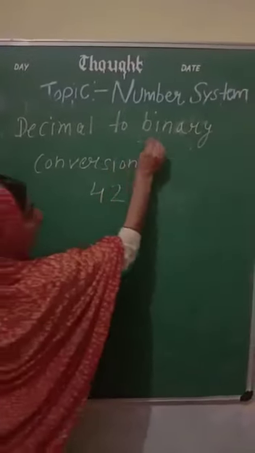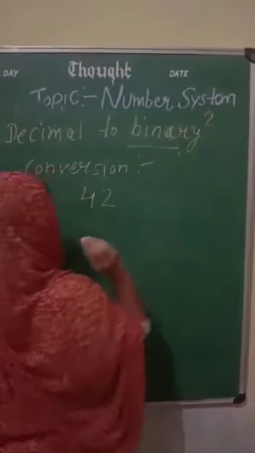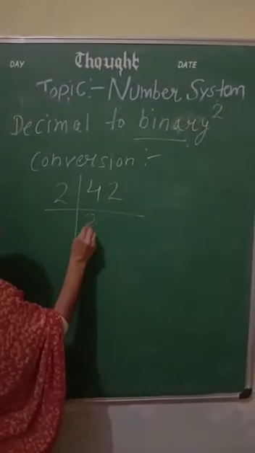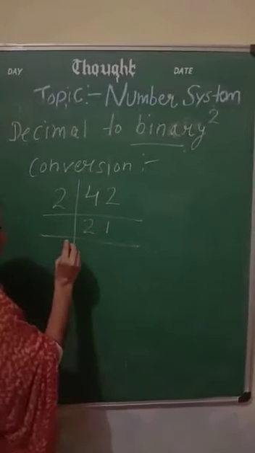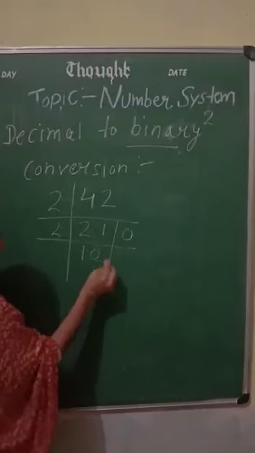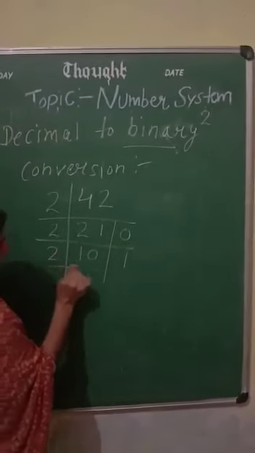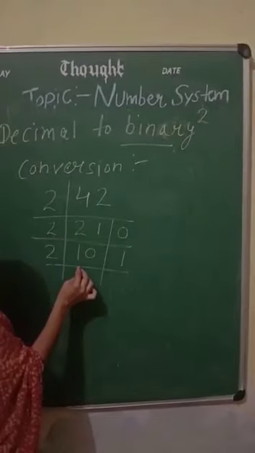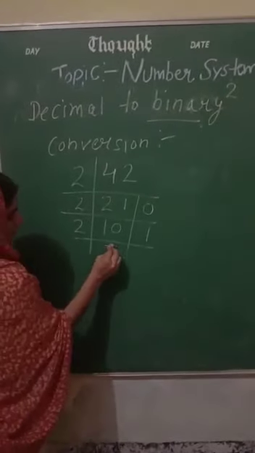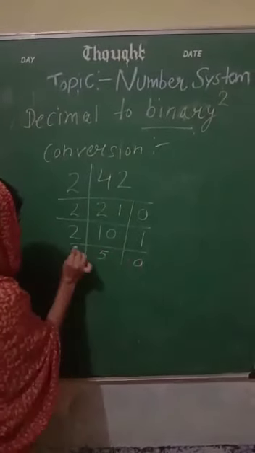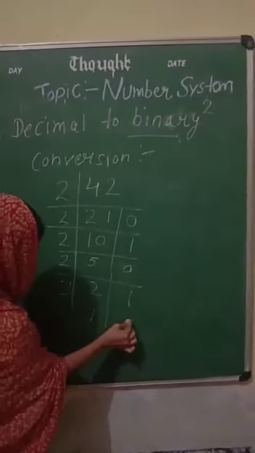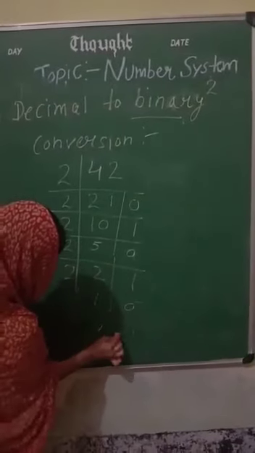The binary base is 2, so we divide this value by 2. 42 divided by 2 gives 21, and the remainder is 0. Then 21 divided by 2 gives 10, remainder 1. Then 10 divided by 2 gives 5, remainder 0. Then 5 divided by 2 gives 2, remainder 1. Then 2 divided by 2 gives 1, remainder 0. Then 1 divided by 2 gives 0, remainder 1.